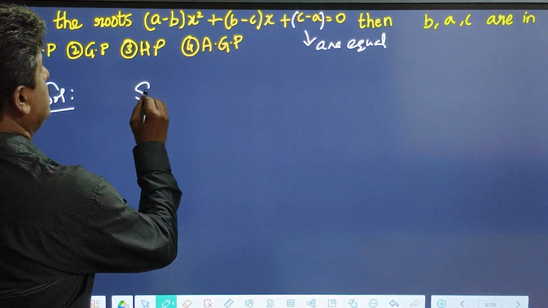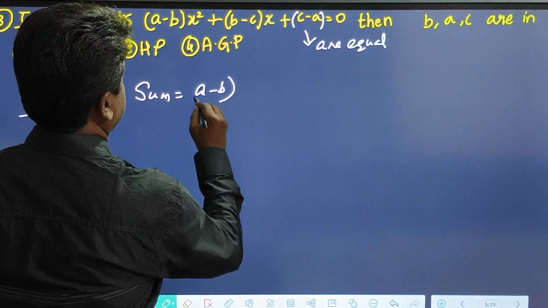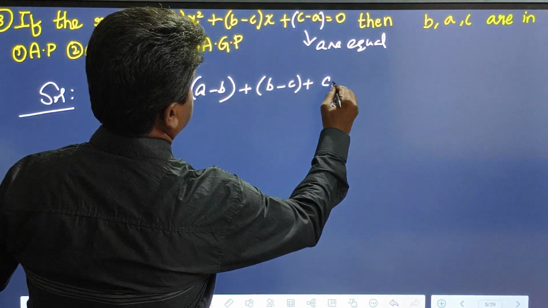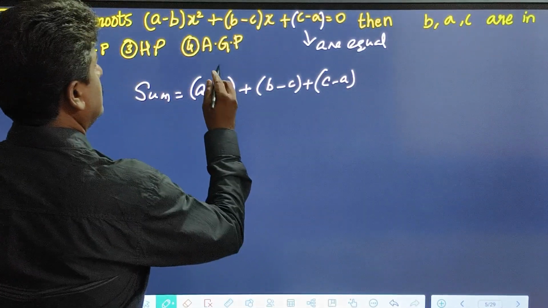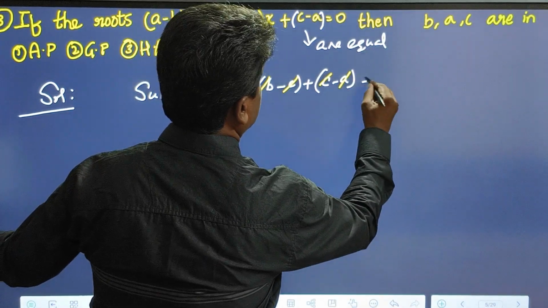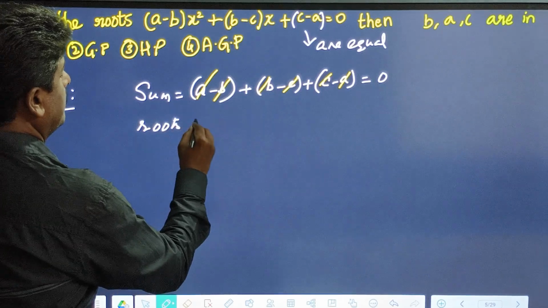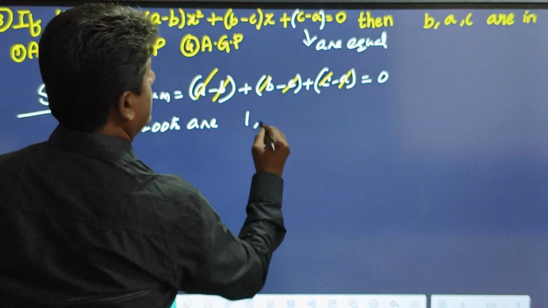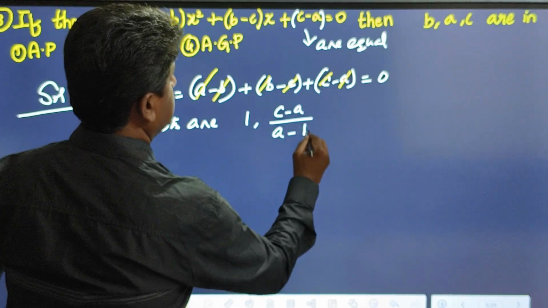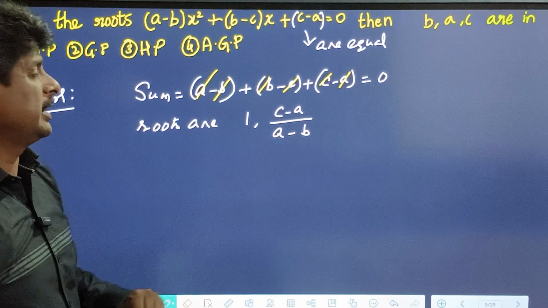That's why the sum of the coefficients will be a minus b plus b minus c plus c minus a. These get cancelled, which is equals to 0. In this case, roots are 1 comma c by a, which will be c minus a by a minus b. However, roots are equal, as given.